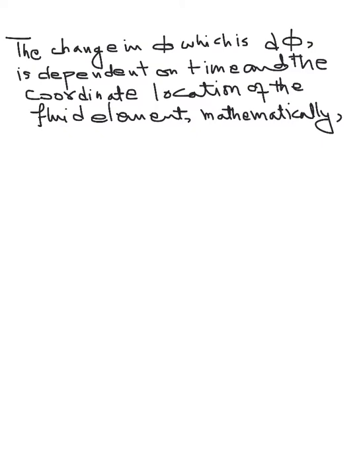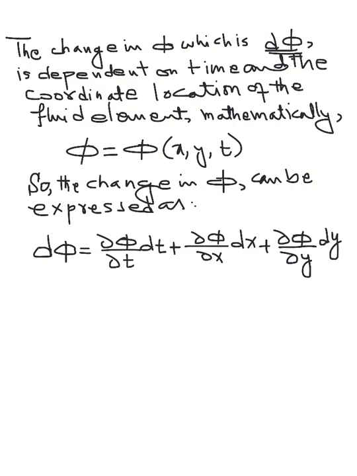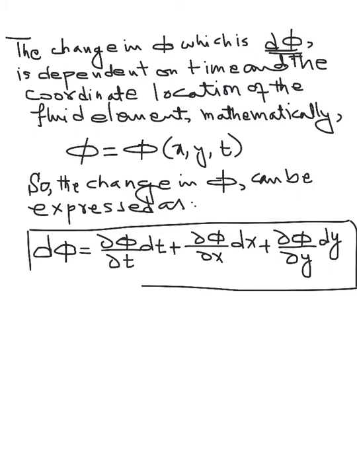As I mentioned, the change in property phi, indicated by d phi, is dependent on time and the coordinate location of the fluid element, and mathematically I can write that phi is a function of location and time. So the change in phi can be expressed as this mathematical equation, which can be further simplified.